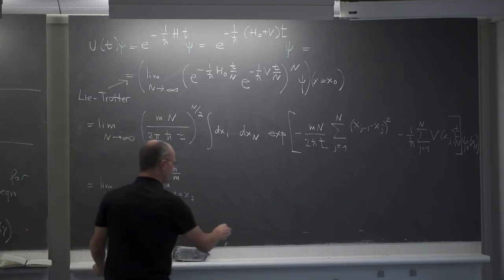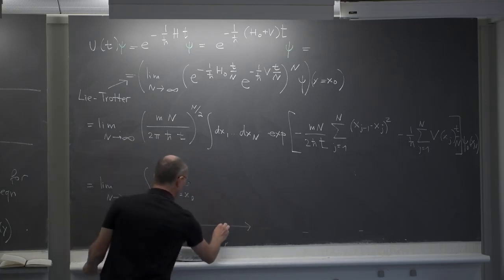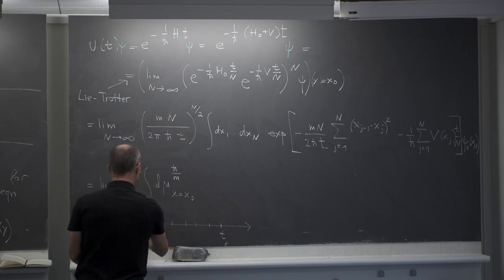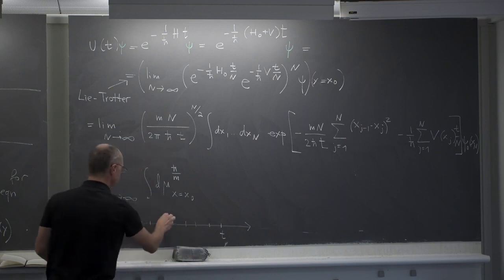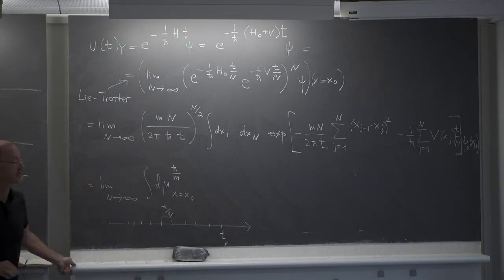And now that's my splitting. I'm simply splitting with the distance t over n.